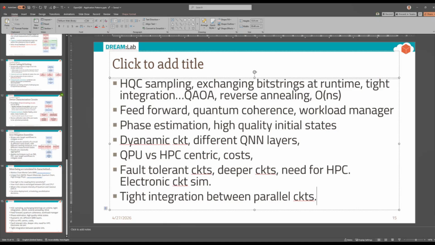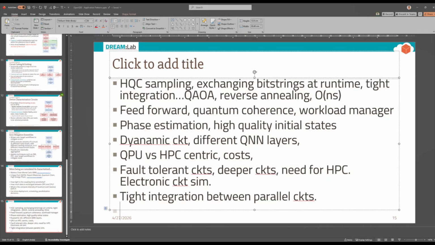So that's a quick thing. We can discuss this offline if you are interested. Basically what I'm saying is, mid-circuit feed-forward measurements need tight integration, period. And obviously that's within the error correction cycles, but it could be outside of them as well.